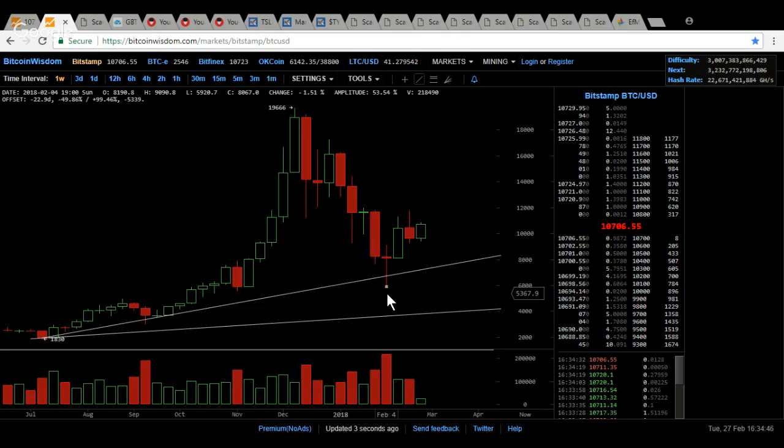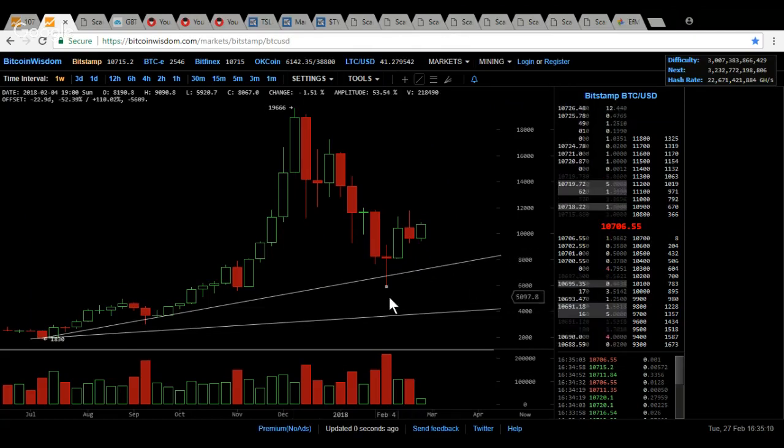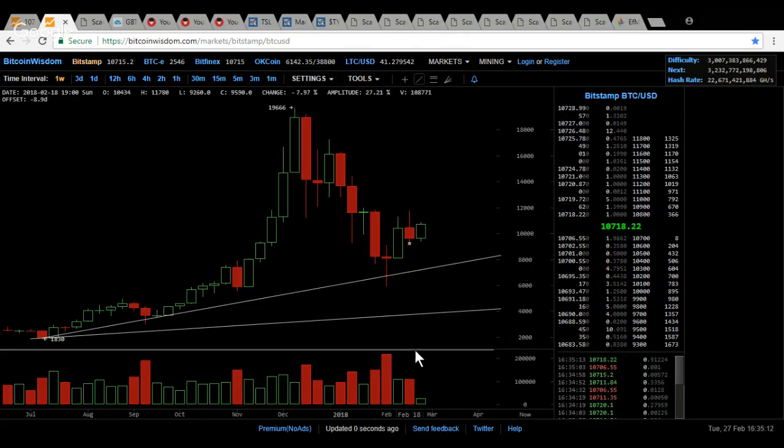And I told clients and people that knew I was following this with Hyperwave that unless it turns around and closes by Sunday night, when this weekly candle closes, unless we close above that line, that phase 3 line is over and we're going to drop down at least to the phase 2 line and maybe all the way back to the beginning.